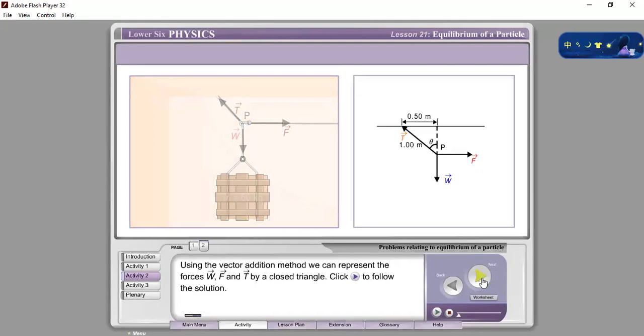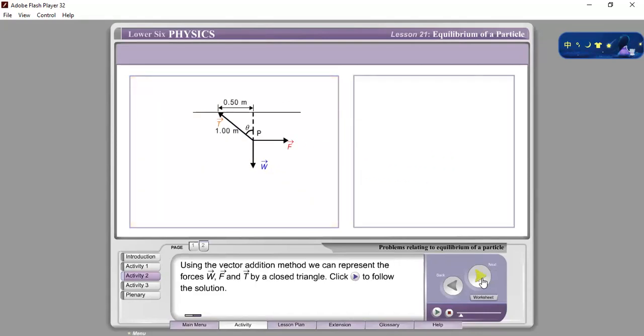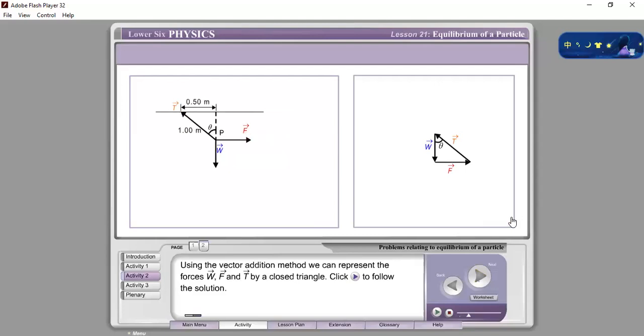Using the vector addition method, we can represent the forces W, F, and T by a closed triangle. Click Continue to follow the solution. From the first diagram, sine theta equals 0.50 over 1.00.